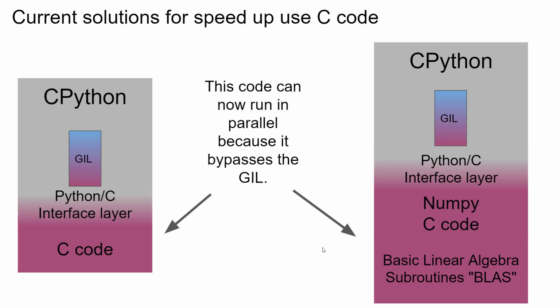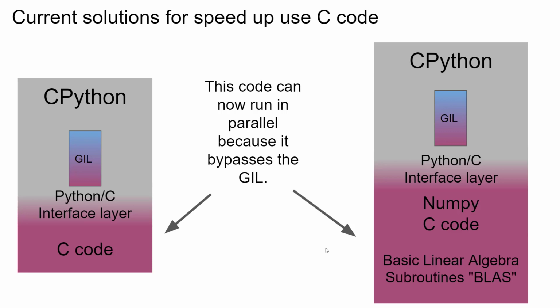And you see this when running numerically intensive software, such as when NumPy is running, say, a matrix multiply, and it's using an underlying C library or Fortran library called BLAS, which is the basic linear algebra subroutines, and that code is highly optimized and it runs in parallel.